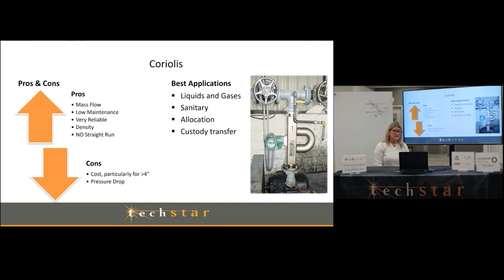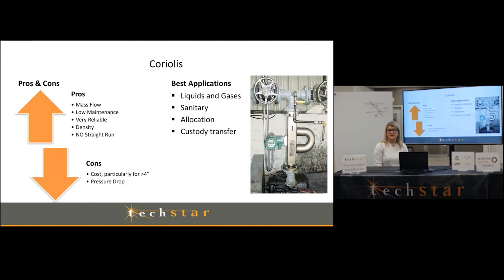The cost is going to be significantly higher, particularly for greater than a 4-inch meter, than some other technologies. So just keep that in mind. And you're going to have a larger pressure drop in this meter than you would in others, simply because it's going through a U-shaped tube in order to make the measurement.